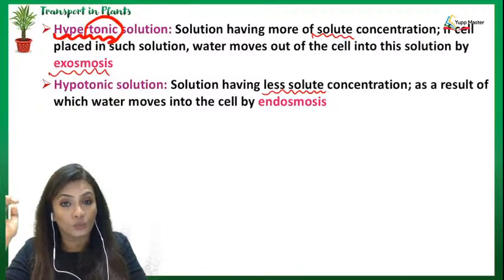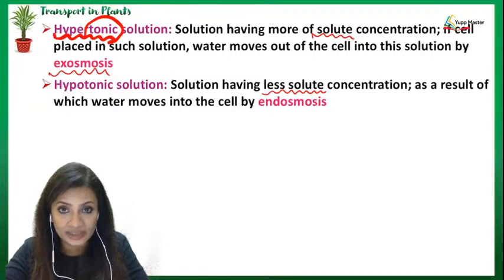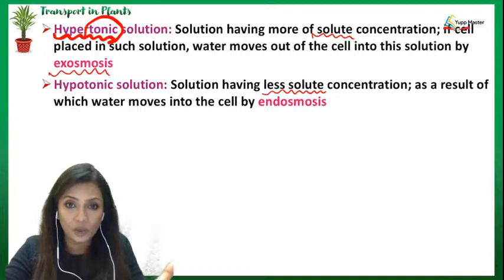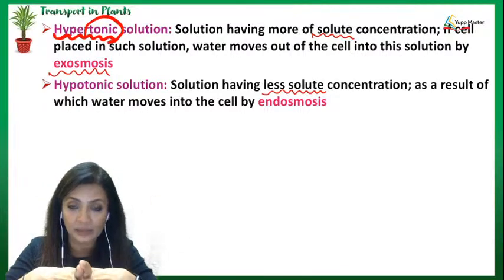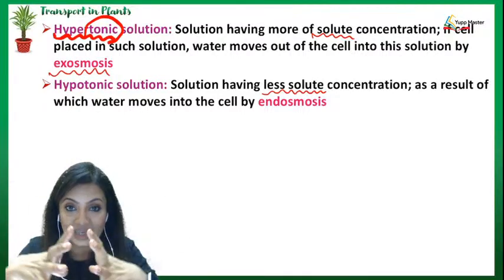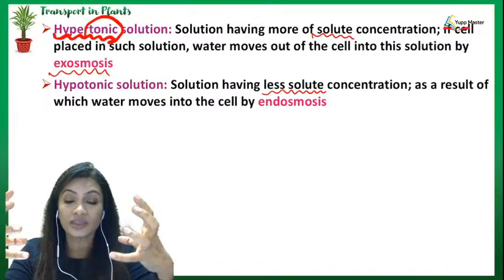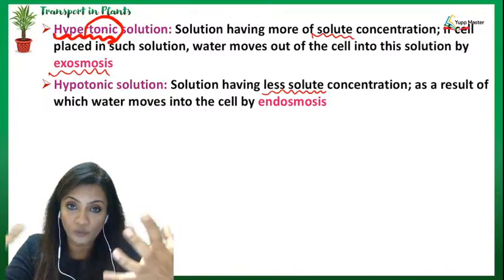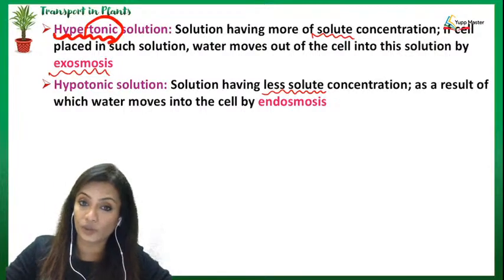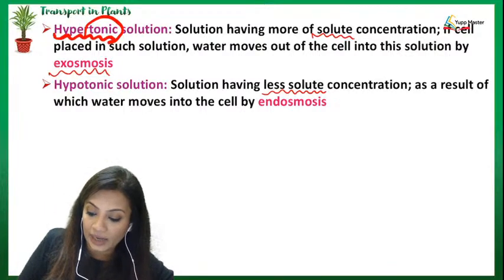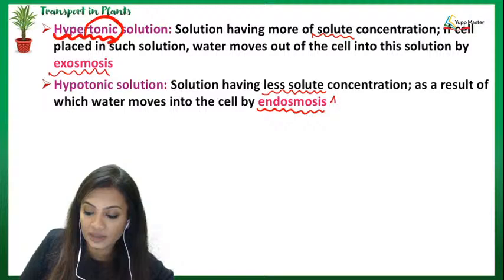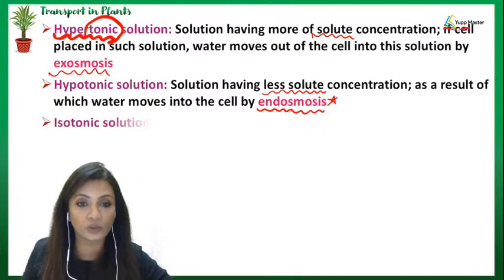That is why water has a natural tendency to flow from the outside to inside the cell. And because water flows inside, the cell is going to swell up. The movement of water inside the cell is called endosmosis.